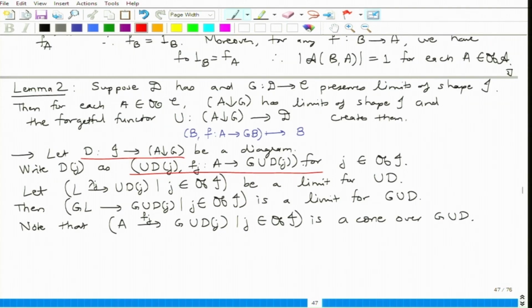The first red underline says that D is a diagram from J to A arrow G. So for every morphism alpha from J1 to J2, it should get mapped to a morphism in the arrow category.